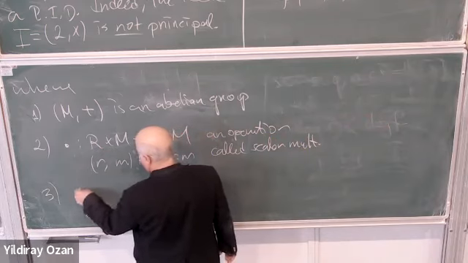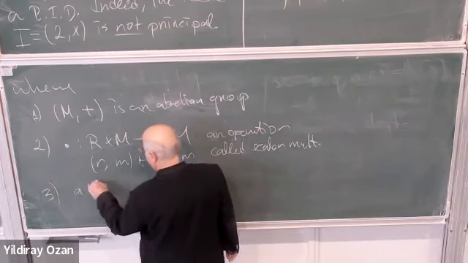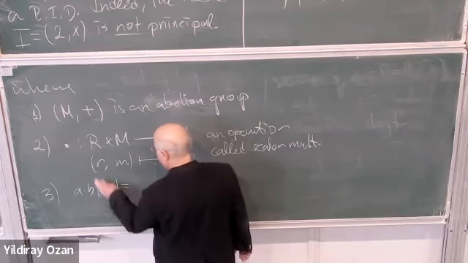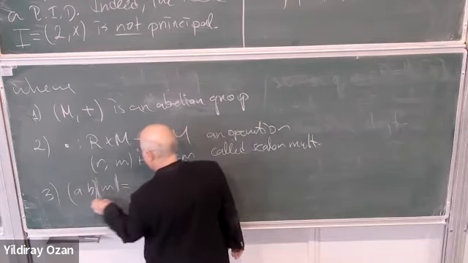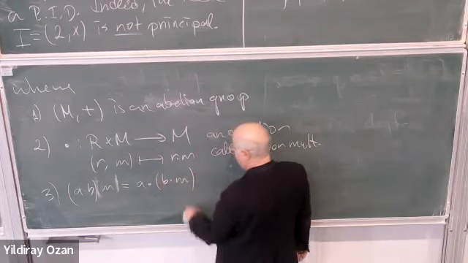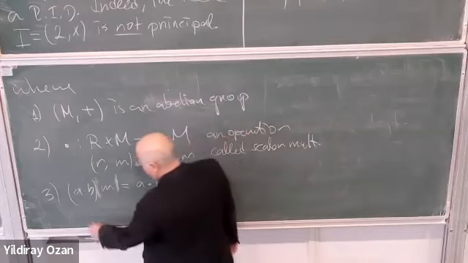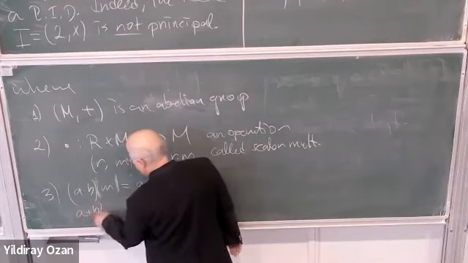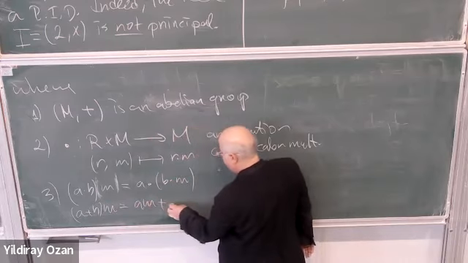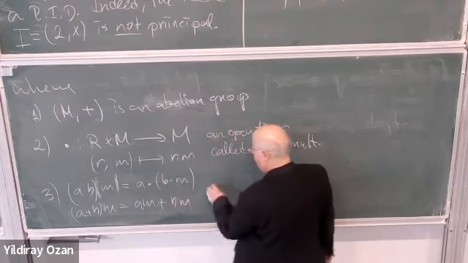Nedir o şartlar? (ab)m = a(bm). Ondan sonra (a+b)m = am + bm.